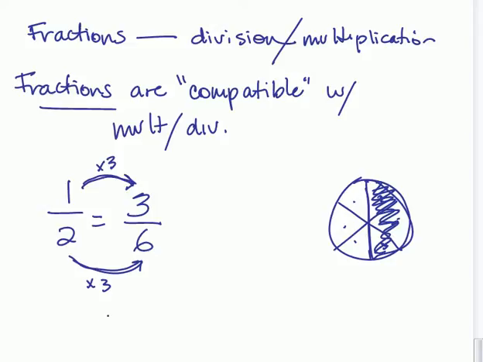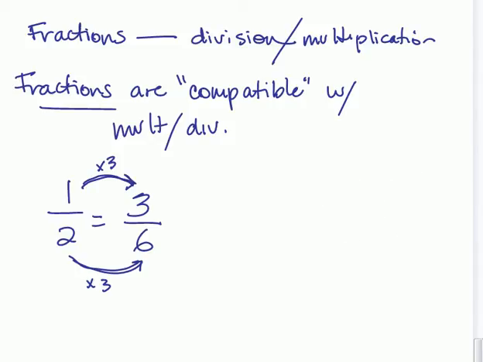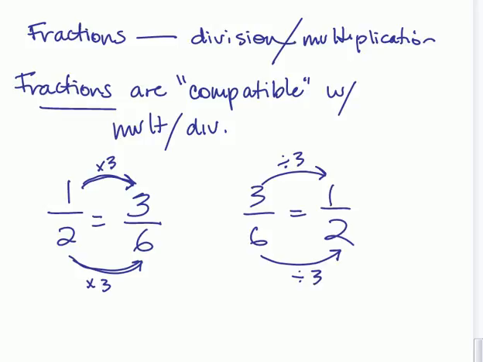Likewise, if we started out with 3/6, we still know that's equal to 1/2. You can take that numerator and divide it by 3, and you can do the same thing downstairs, divide it by 3, and you get equivalent fractions. They just look different.